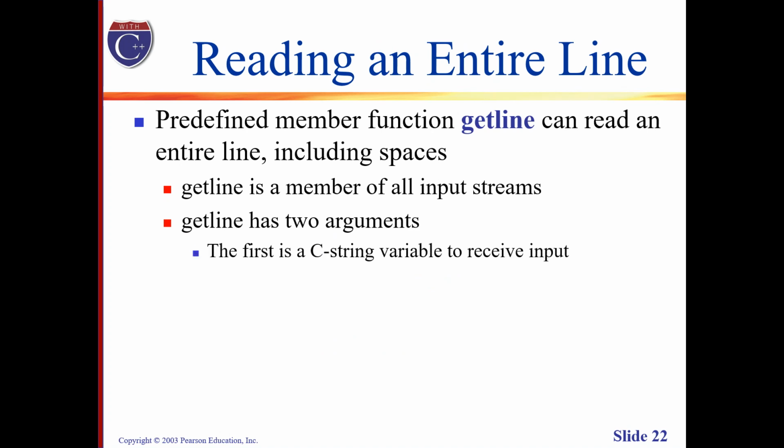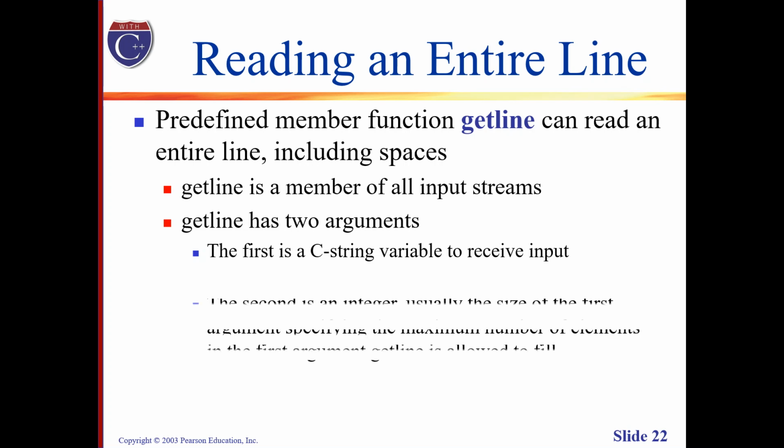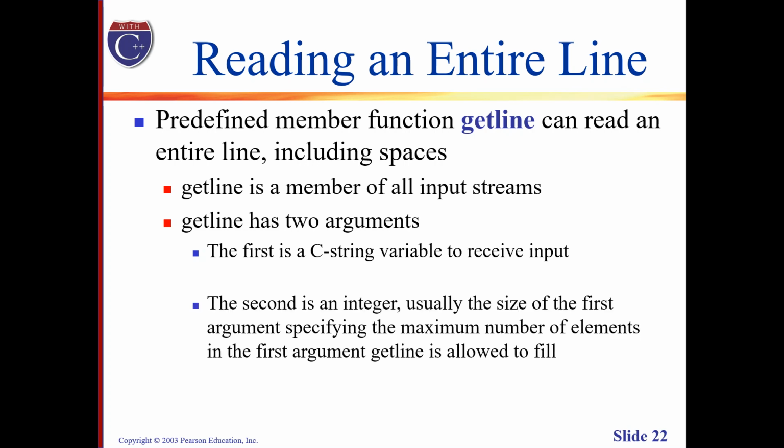The first is a string variable to receive the input, and the second one is an integer, which is usually the size of the first argument, which would specify the maximum number of elements in the first argument getline is allowed to fill, thus making sure that we appropriately fill in the first argument only up to its maximum capacity.